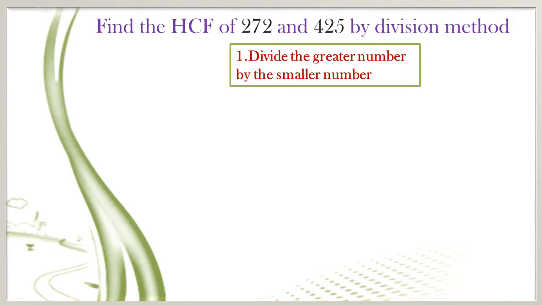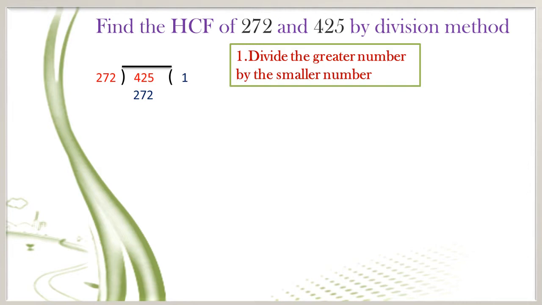First step, divide the greater number by the smaller number. Here 425 is the greater number and 272 is the smaller number. Now we are taking 425 to be divided by 272. How many times do we have 272 in 425? That is only one time.